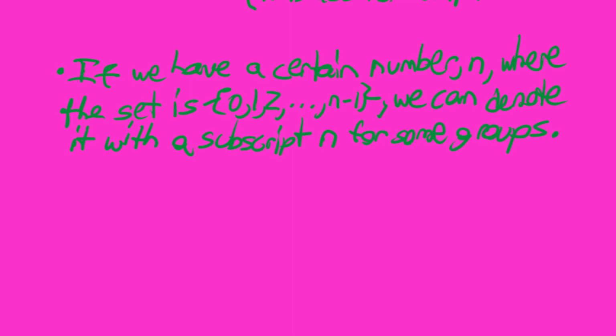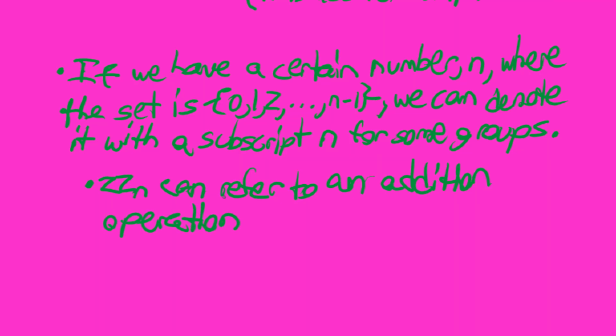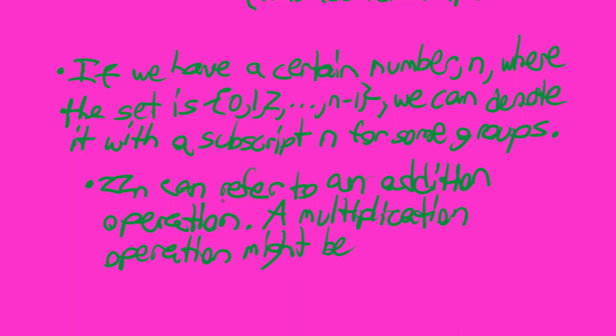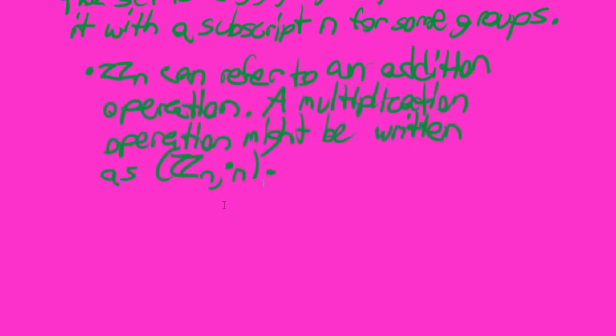So an example could be Z_n, which can refer to an addition operation, and a multiplication operation might be written as Z_n with the multiplication operation of n.